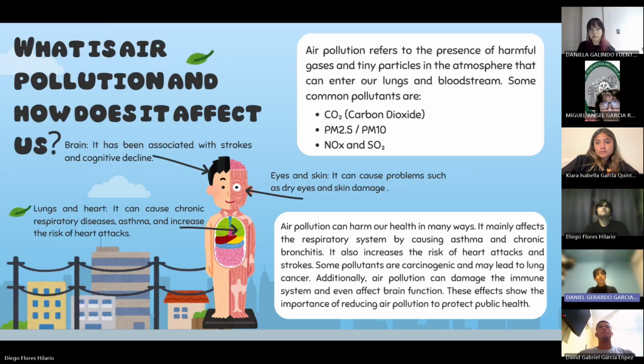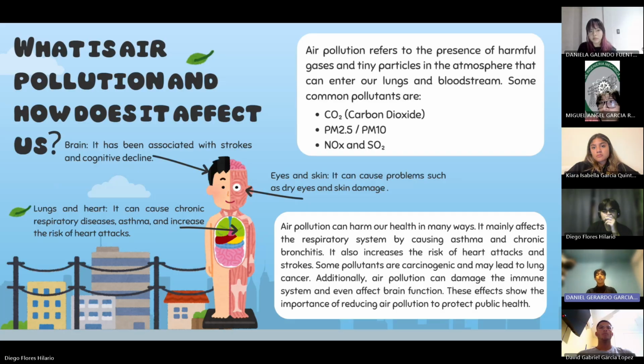What is air pollution and how does it affect us? Well, air pollution refers to the presence of harmful gases and tiny particles in the atmosphere that can enter our lungs and bloodstream. Some common pollutants are CO2, dioxide, particulate matter 2.5, particulate matter 10, NOx, and SO2.